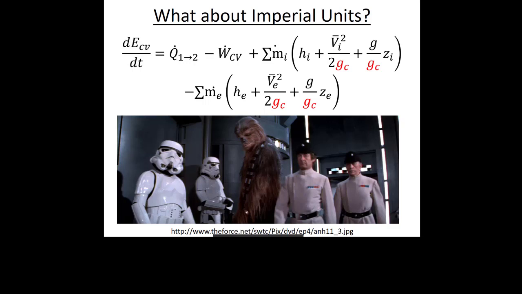And it's this artifact of 1 pound mass having 1 pound weight, even though you know that force or weight is equal to mass times acceleration. But if you have 1 pound of mass times a gravitational acceleration of 32.2 feet per second squared, well, you don't get 1, right? So GC has a magnitude of 32.2.